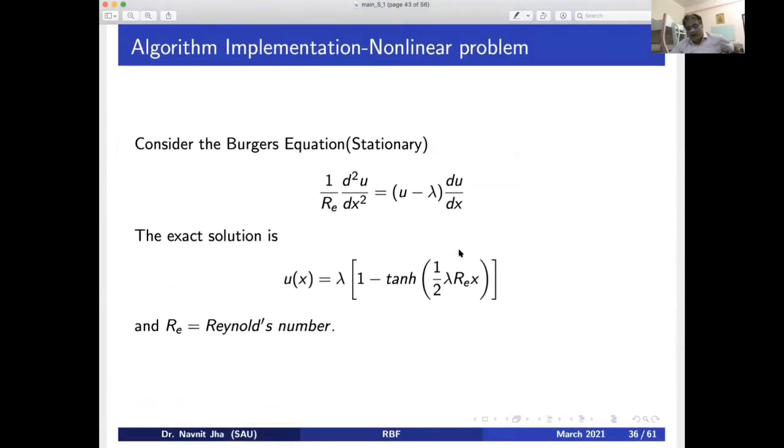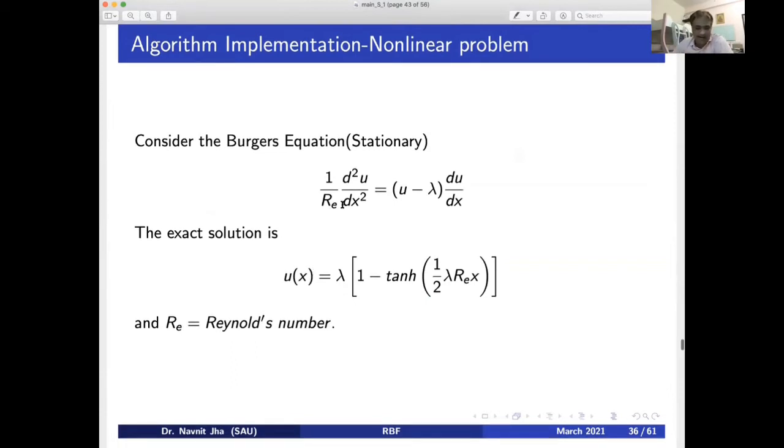For the non-linear problem, I am considering a most revolutionary equation, the Burgers equation. This is, I should say, the child of the Navier-Stokes equation. In the stationary form, it is 1 by Re d2u by dx square equal to u minus lambda du by dx. This is non-linear because u and the u derivative are multiplied with each other.